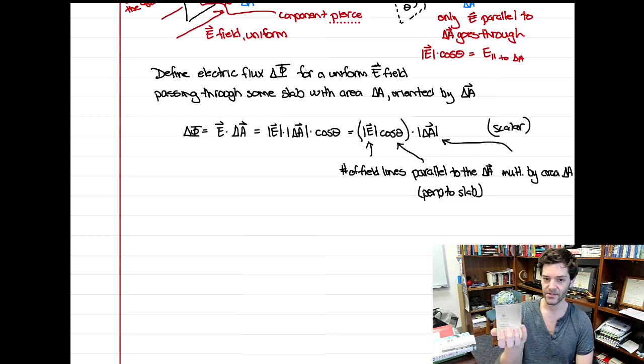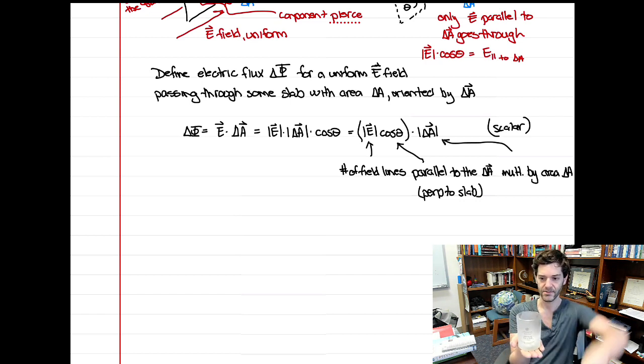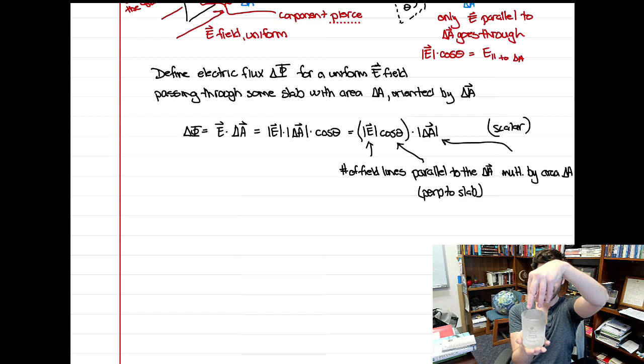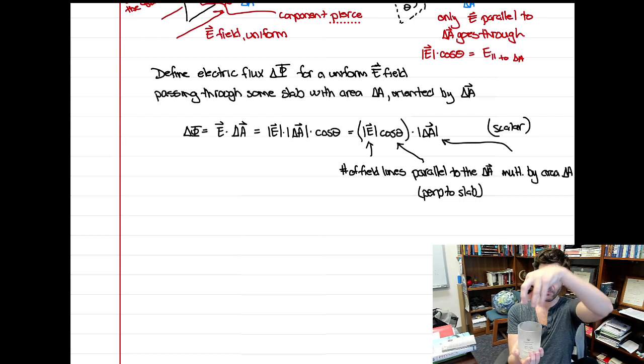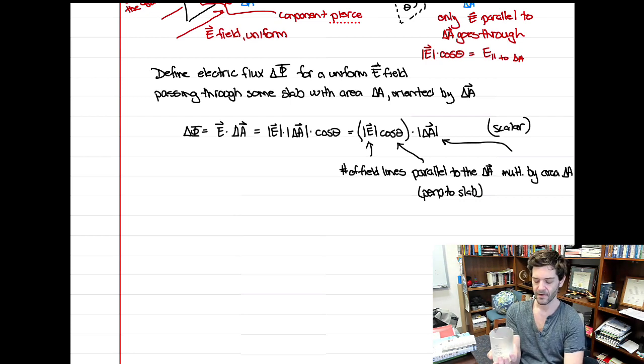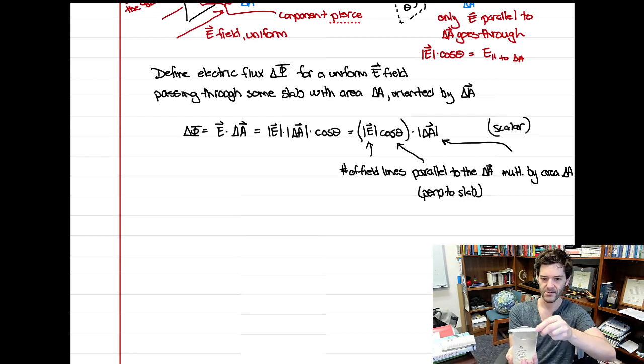So in that case, you might talk about flux as when I just hold it perpendicular, so the rain is coming straight down, and the surface is perpendicular to that direction. Then the vector for the rain would be pointing down, and the vector that defines the surface, remember, that's a vector that points perpendicular to the surface, so it might point up or down.